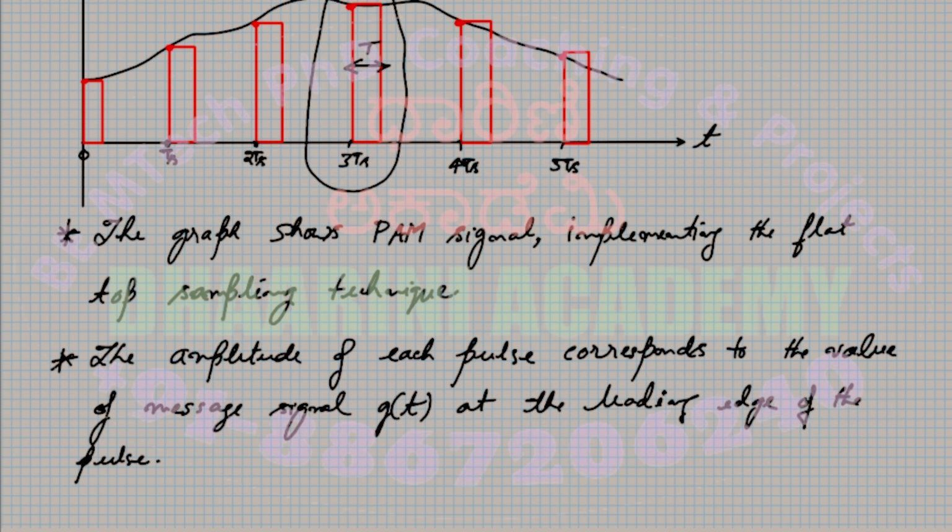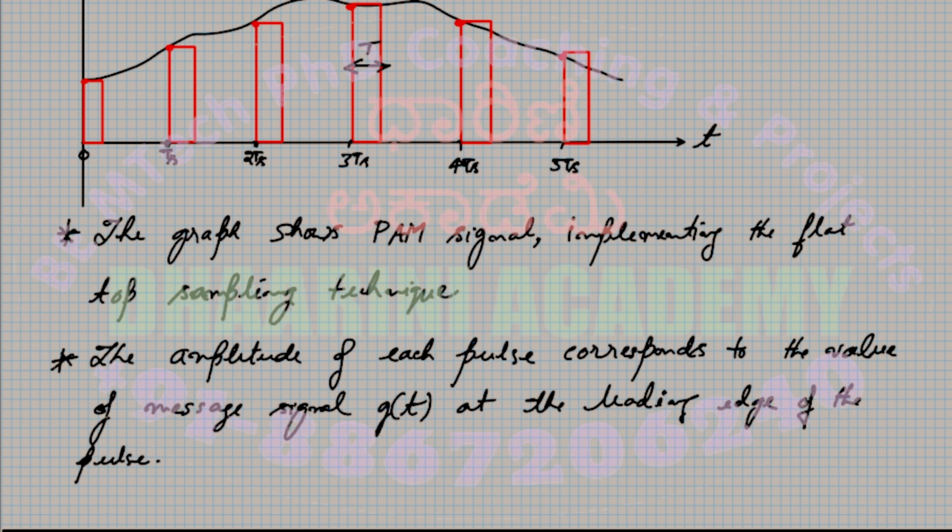For a certain given duration, the amplitude of the pulse is fixed. So that means you are adding a DC component to your modulation technique. That's one very important concept related to this technique.